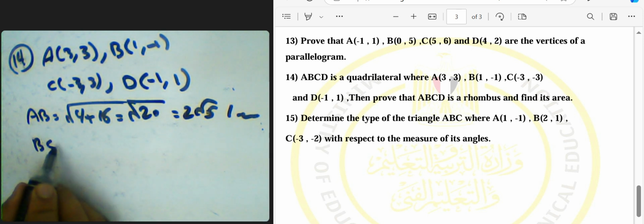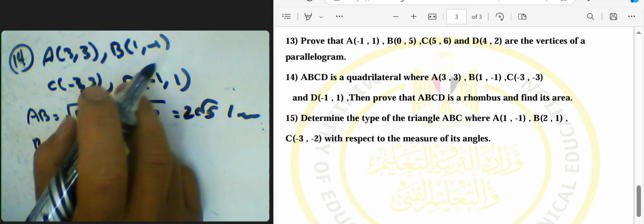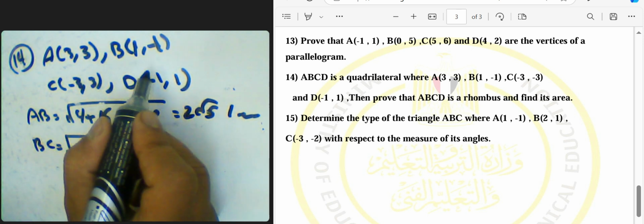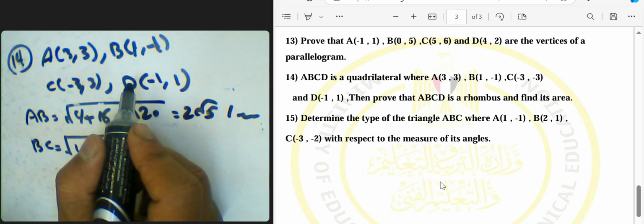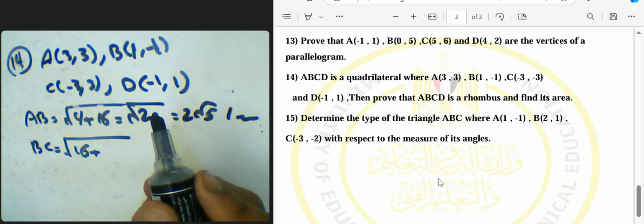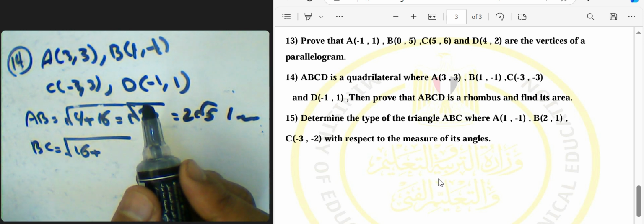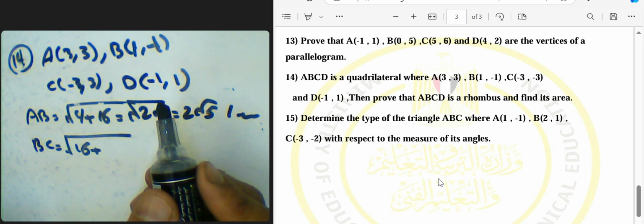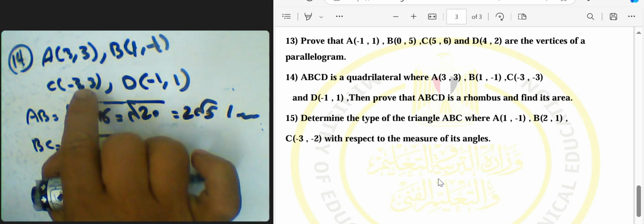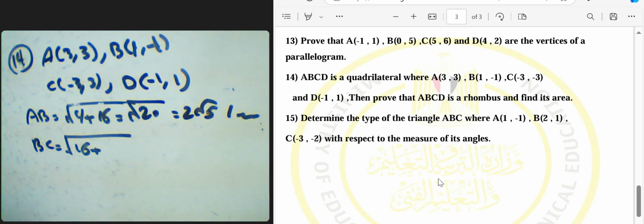And what about BC? B and C here: (-3 minus 1) is -4, power 2 is 16, and (3 minus minus 1) is 3 plus 1, which is 4, 4 power 2 equals 16.